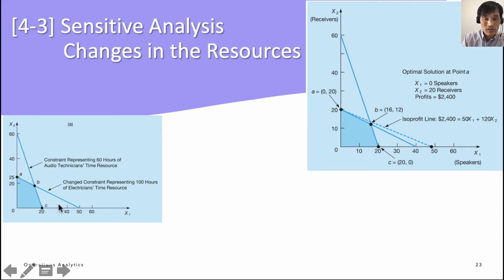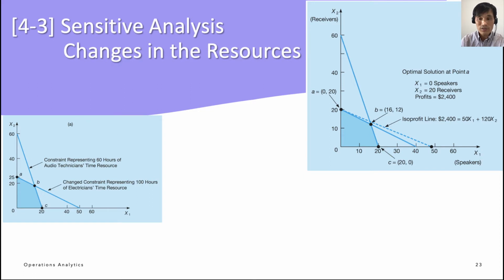The electrician's resources increase from 20 to 25, and therefore it changed the feasible region, and we know that A is the solution, and it gives us more profit than before. If you calculate the profit, before it was $2,400 in profit. Now it is $3,000 of profit.